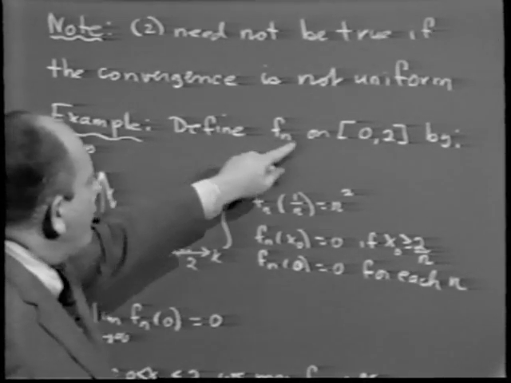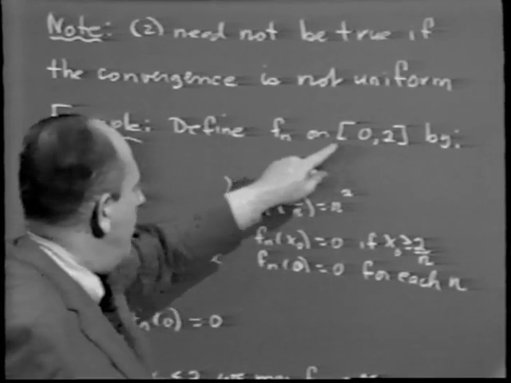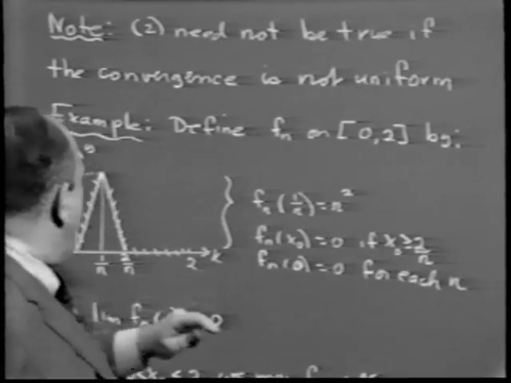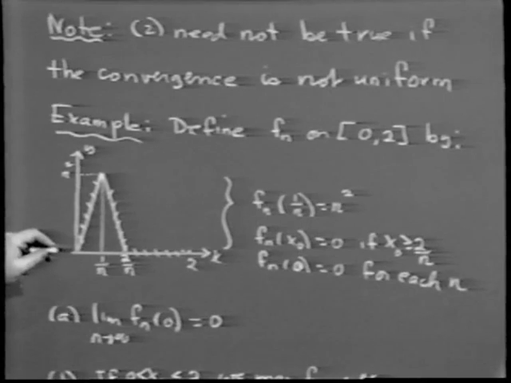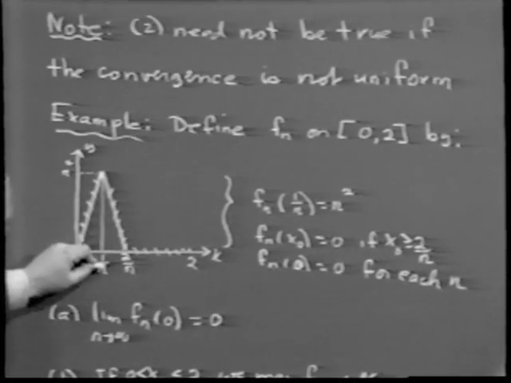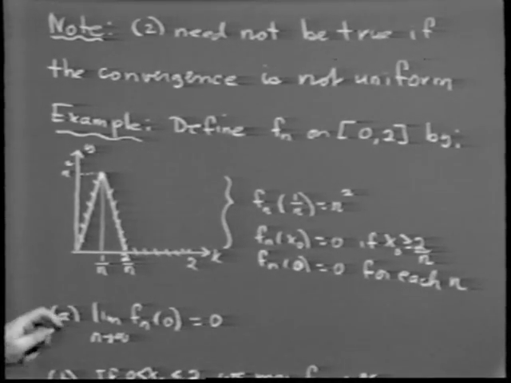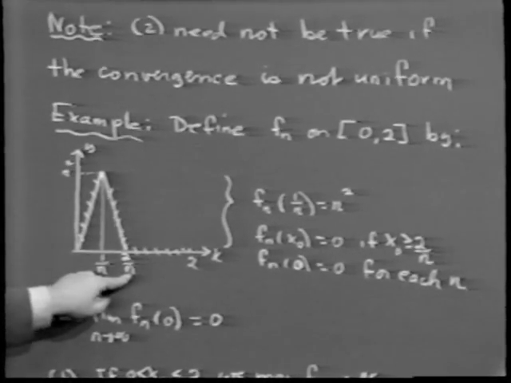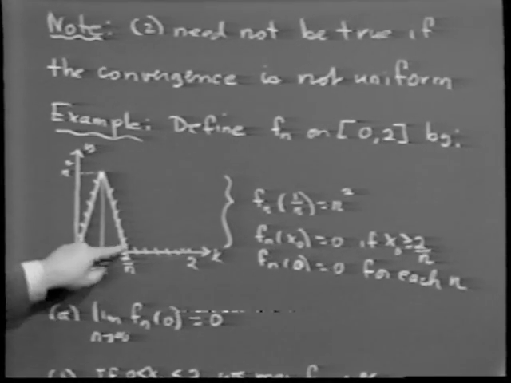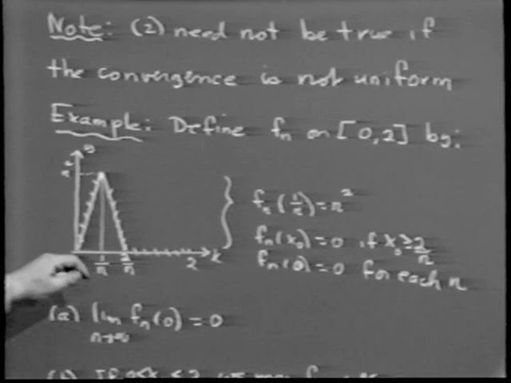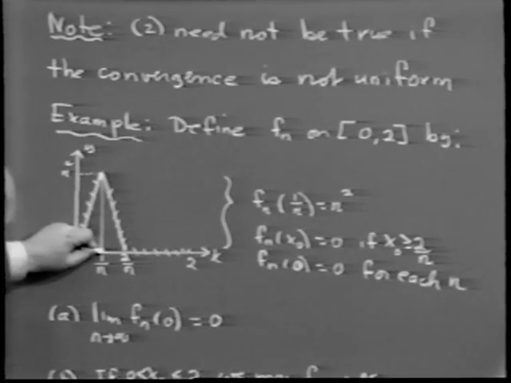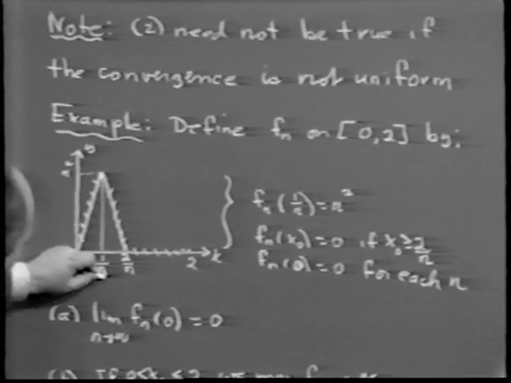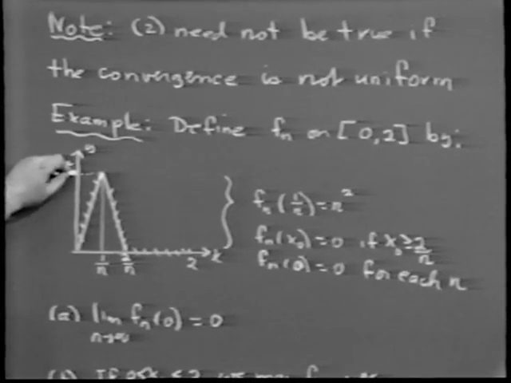We define a function on the closed interval from 0 to 2, which I'll call f sub n, as follows. For a given n, I will locate the points 1 over n and 2 over n. For example, if n happened to be 50, this would be 1/50th, and this would be 2/50ths. Now, what I do is at the x value 1 over n, I take as the corresponding y value n squared.